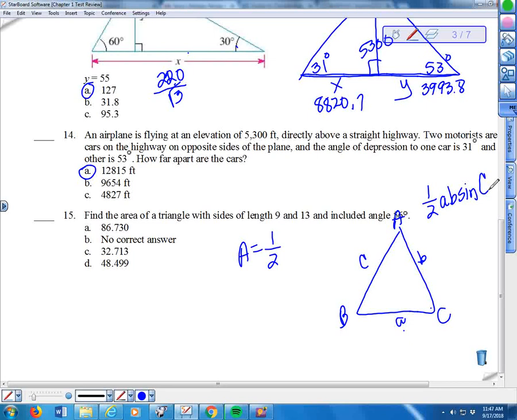So without knowing an altitude, there's no other way to do it than using this formula. So A is 9, B is 13, and the included angle is 56. So I just take 9 times 13 times sine of 56, divide that by 2, and it's 48.5.